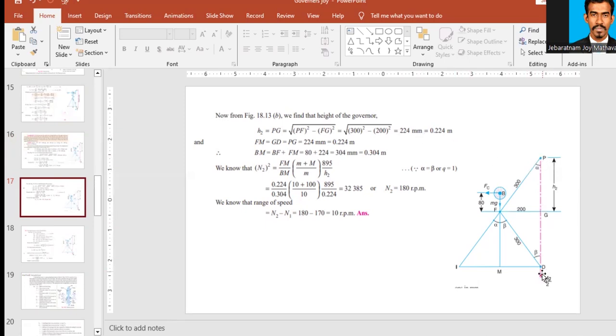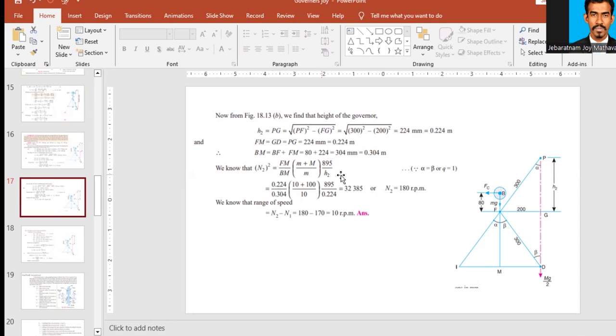Since FM is known, we can find the length of BM. BF is already known, 80 millimeter. Now we have found FM, that is 0.224 meter. If we add these two, we will have 0.304 meter.